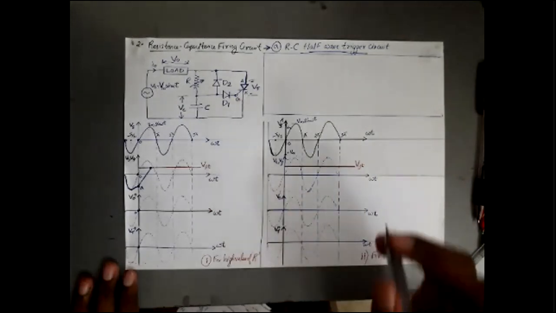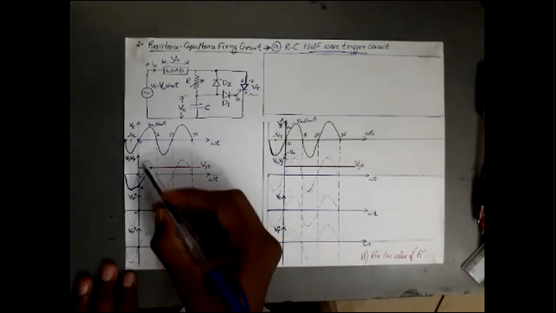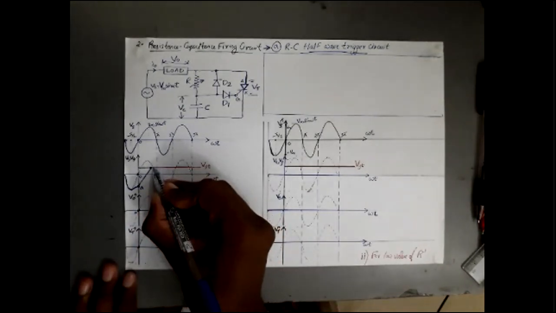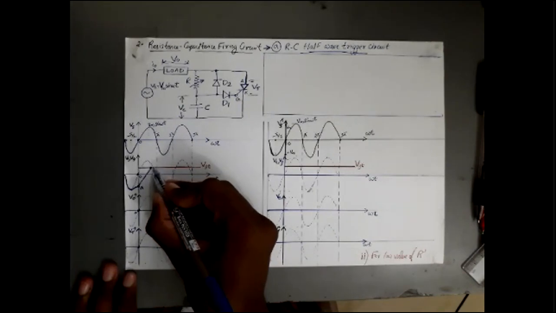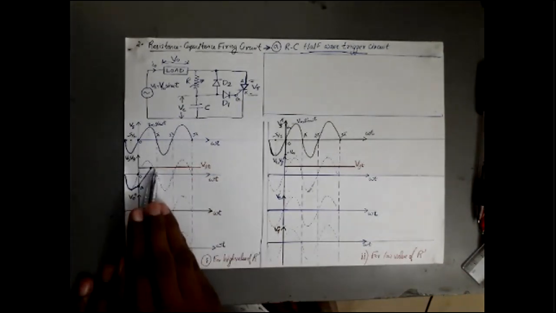Suddenly my SCR gets triggered, since it is in the positive half cycle. Keep in mind, this point is not the point at which my Vs is passing through VGT, so don't confuse it with that. It can be any point in between these 2 points.